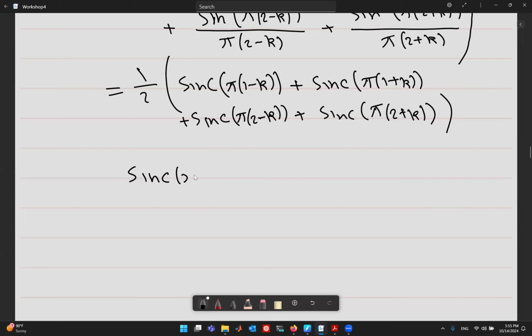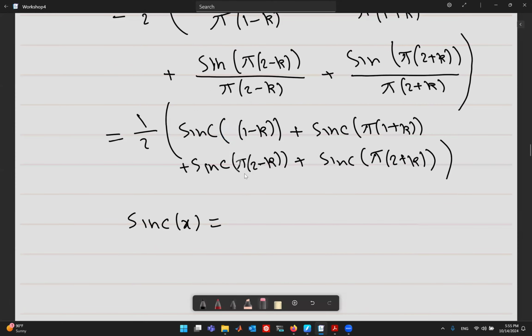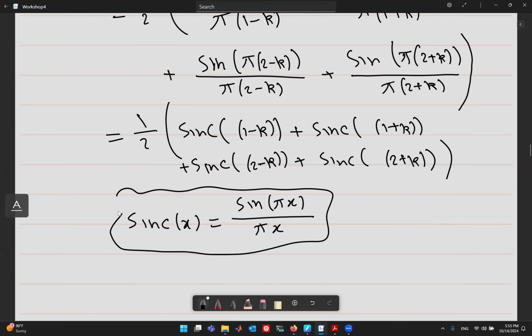Sinc x is just sine pi x divided by pi x. This is the definition. I see. All right. Yeah, it's just defined this way.